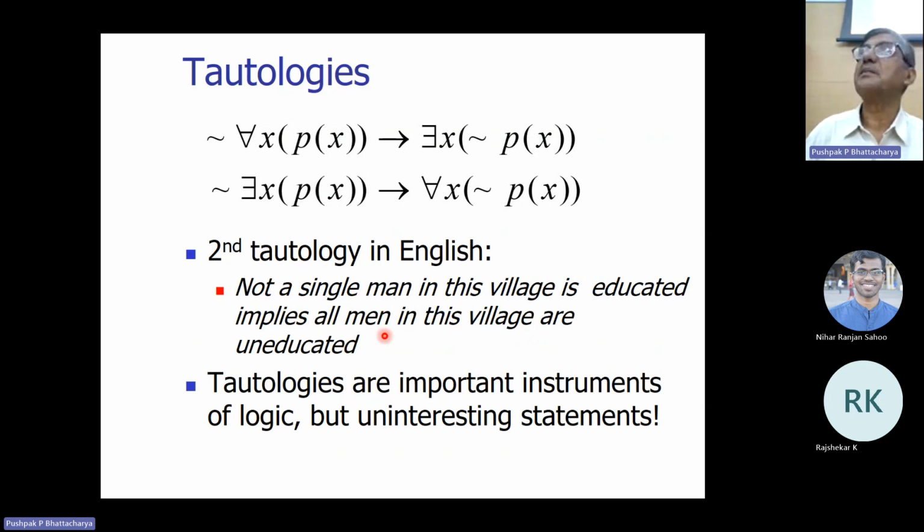This implies part is not bringing in any additional information. Tautologies are structures which are guardrails against wrong inferencing. These are instruments of logic, but these are not interesting with respect to actual real life knowledge and application.